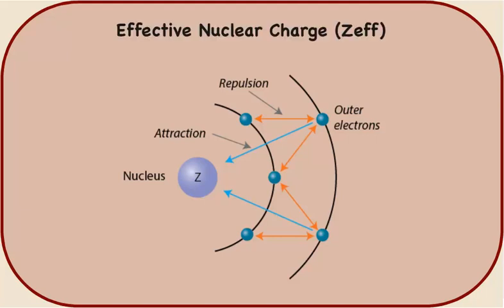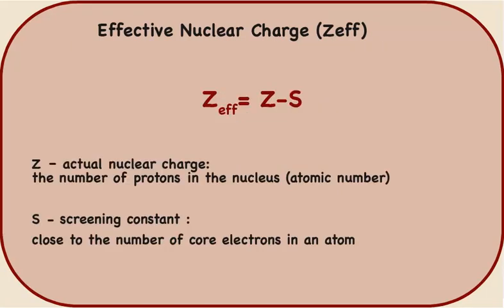So scientists created another term, the effective nuclear charge, to calculate the net positive charge experienced by an electron. There is a formula that we can use for the effective nuclear charge calculations. The formula says effective nuclear charge is equal to actual nuclear charge minus screening constant.